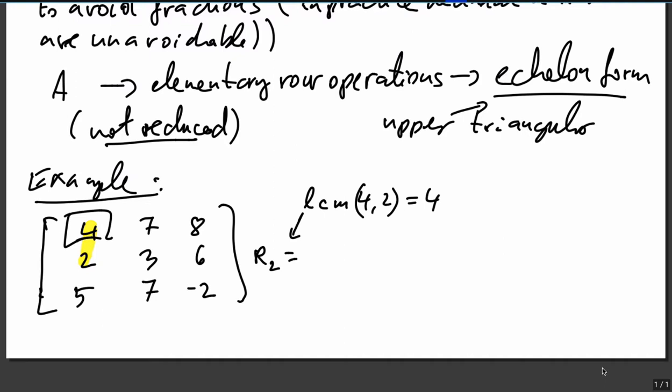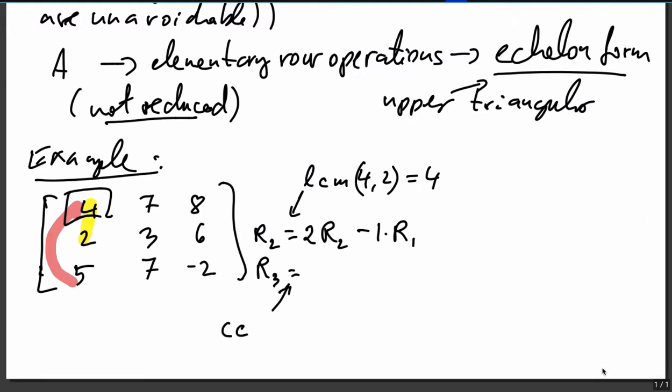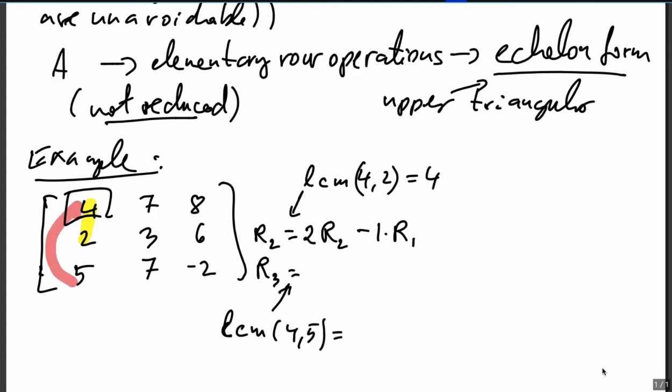So the idea is that I just use the least common multiple with opposite signs. I multiply the second row by 2, and I get 4, and then I subtract 1 times the first row. For the third row, the least common multiple of 4 and 5 is 20.